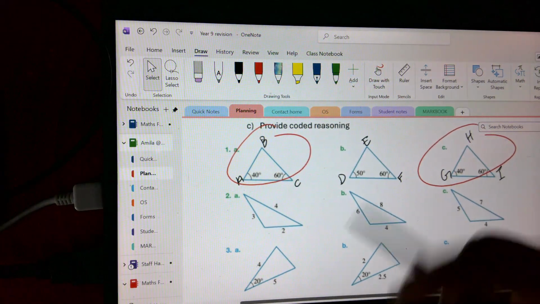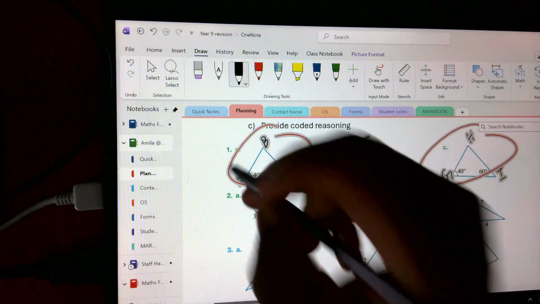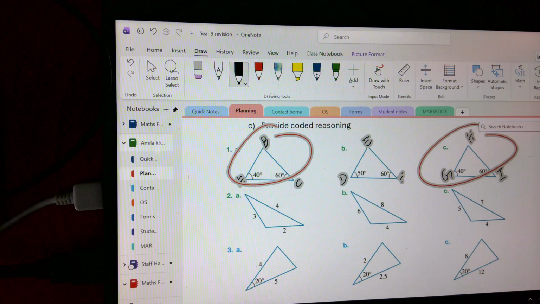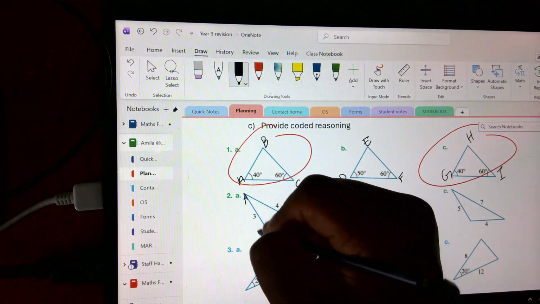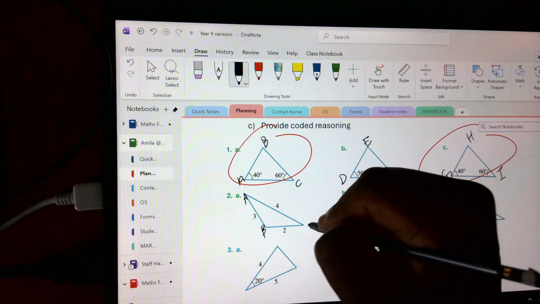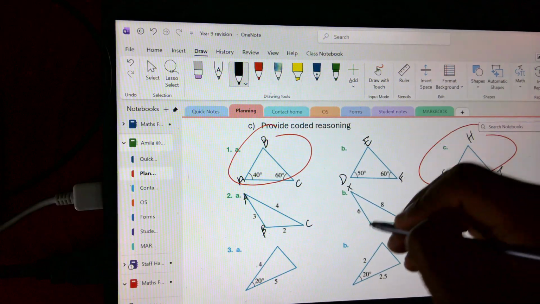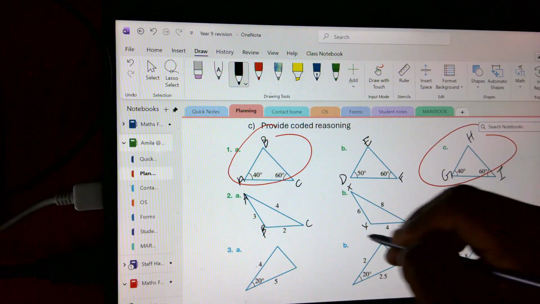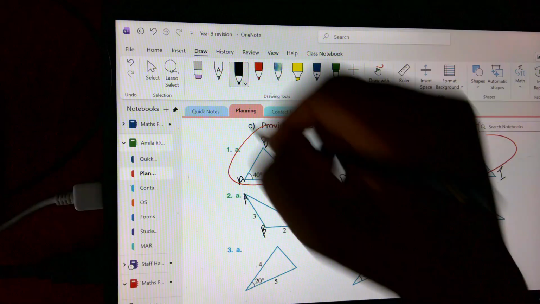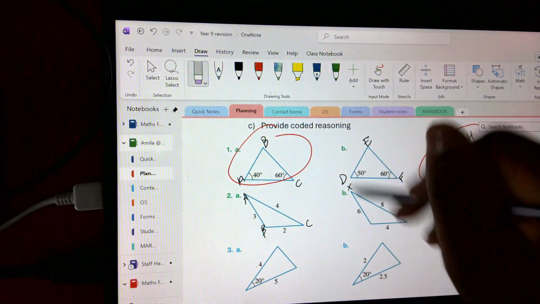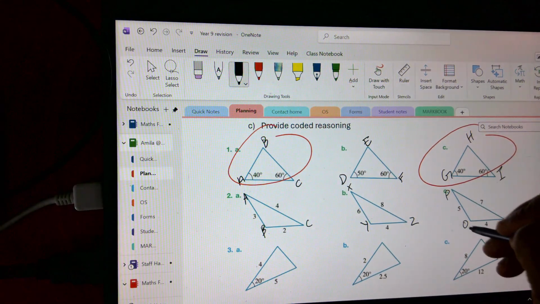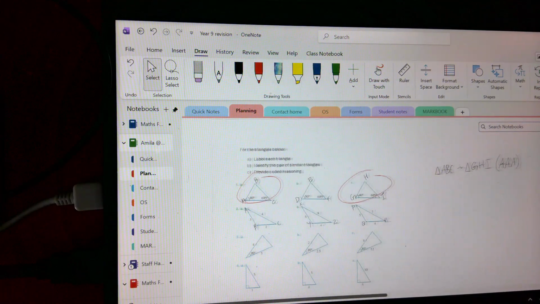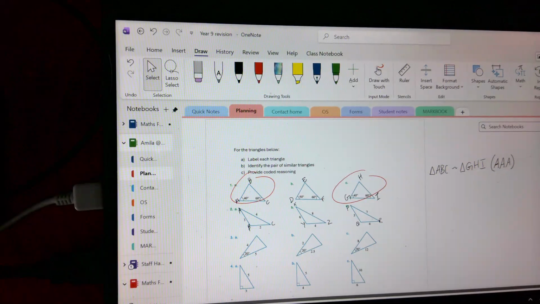Again, I'm going to label the three triangles. I'm going to have A, B, C, and X, Y, Z, P, Q, R. Again, this time I've got side lengths.